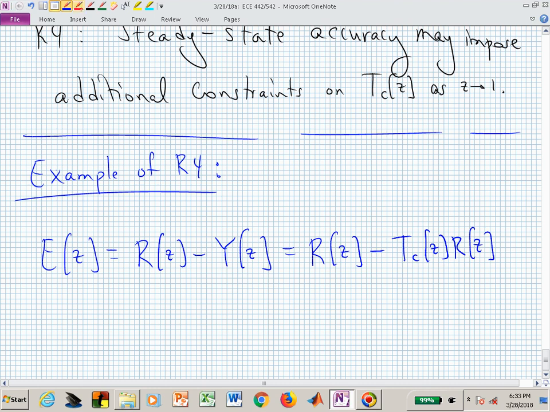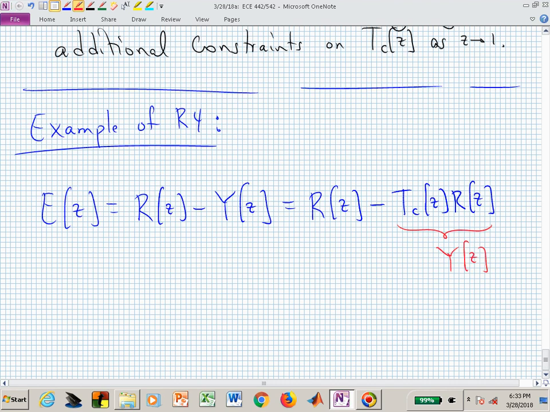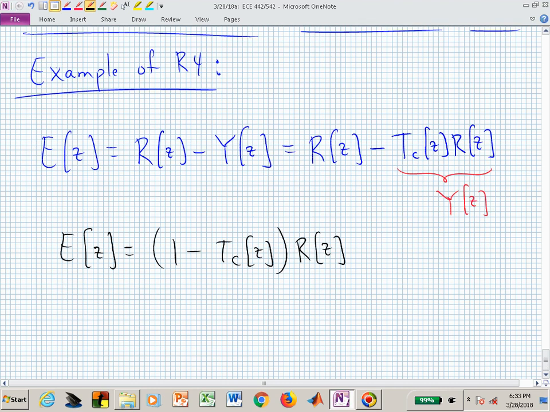This is simply Y of z. So we now have a formula for the error. E of z is now 1 minus T sub c of z times the reference input.